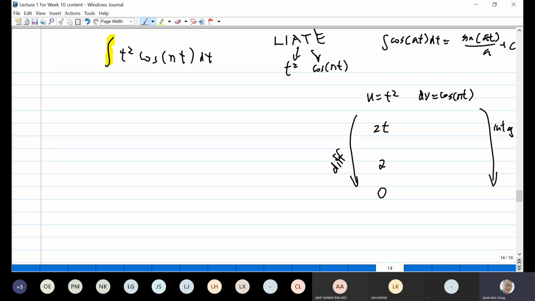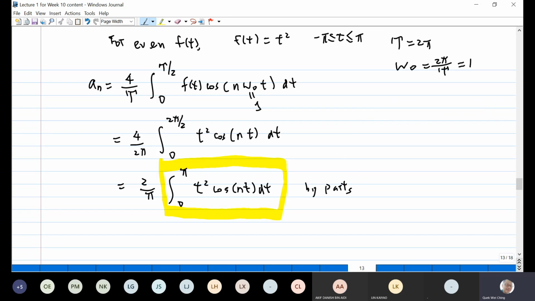So this one you are going to get sine nt over n. Let me check the formula again. Okay, fine, sine nt over n, correct.